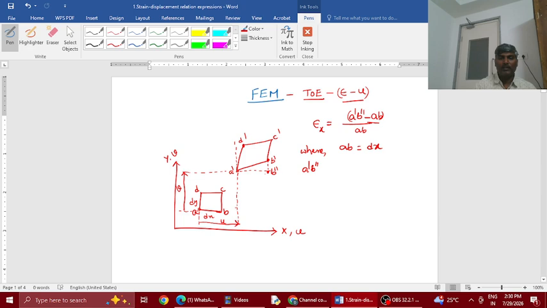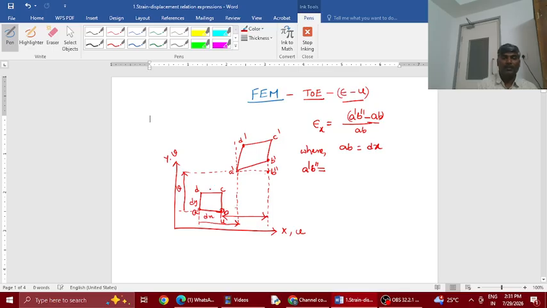So now to write A dash B double dash value, let us see. As A moved to A dash, B also moved to B dash. So what will be this value?